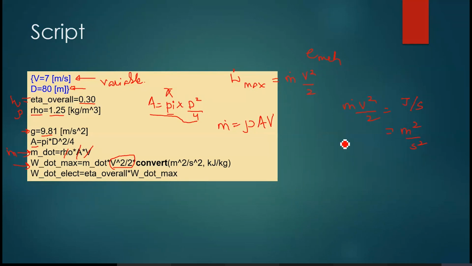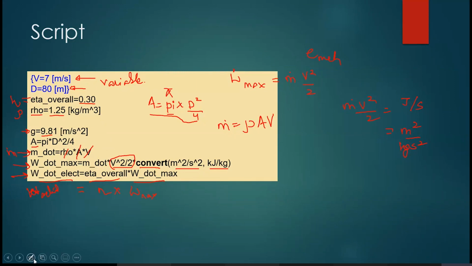If you want to convert it into kilojoules, I have used the convert function and converted meter square per second square into kilojoules per kg. Clear enough? Yes, sir. All right. And then I have calculated W dot electrical, or W dot actual, that you get. It is nothing but efficiency multiplied by the maximum work or maximum power you can get. So I've written all the equations.